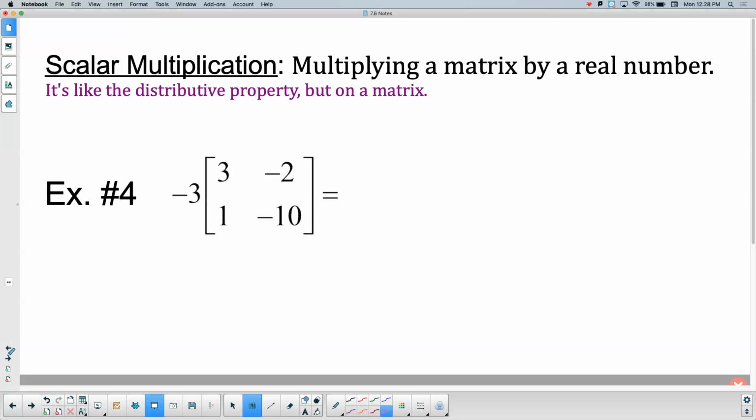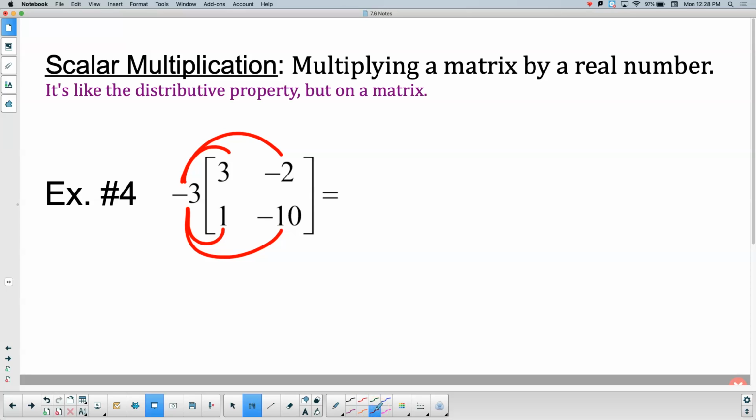Scalar multiplication is like the distributive property, where you've got a number in front of the matrix, and you simply have to multiply every element of the matrix by that number. It's fast, it's quick, it's easy. Matrix multiplication, preview of Wednesday, a little more involved. Okay? But scalar multiplication is just that.